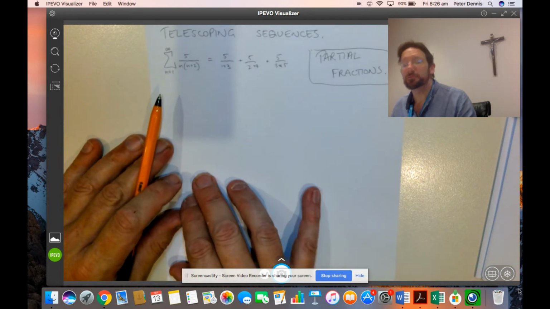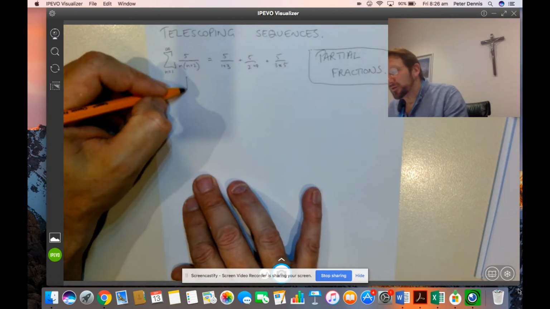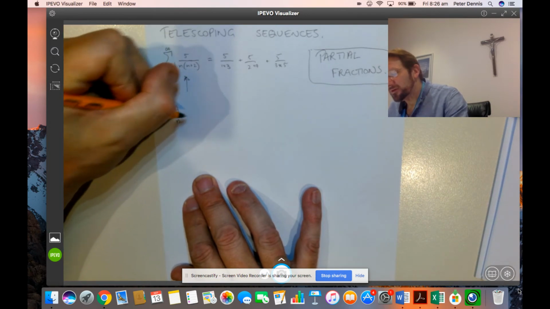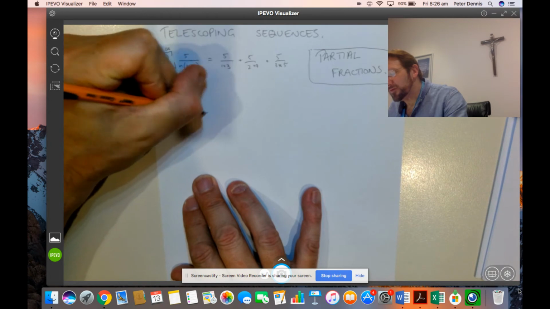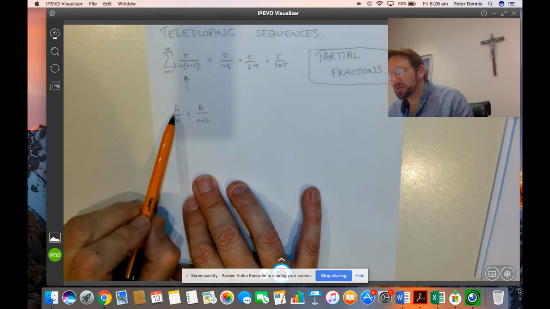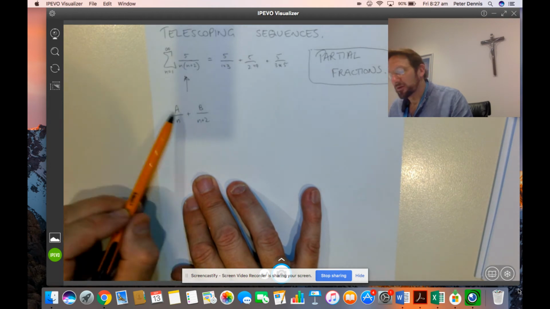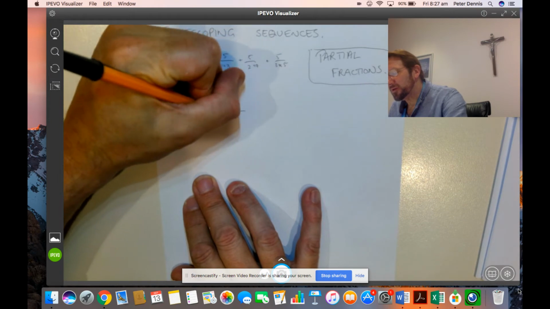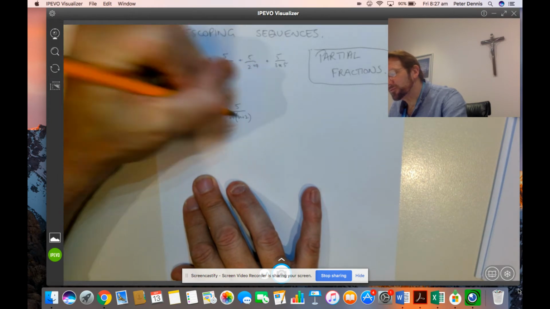So we write it as a partial fraction, a over n plus b over n plus 2. We know that this is true for some a and b. This is going to equal 5 over n times n plus 2.